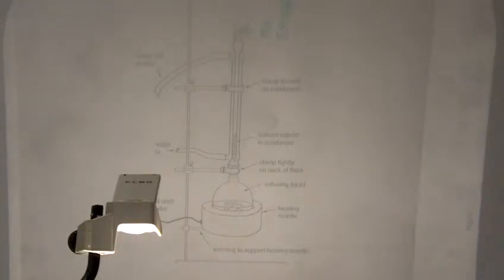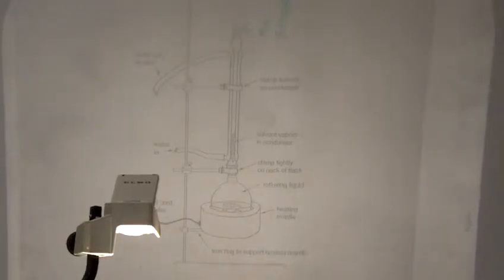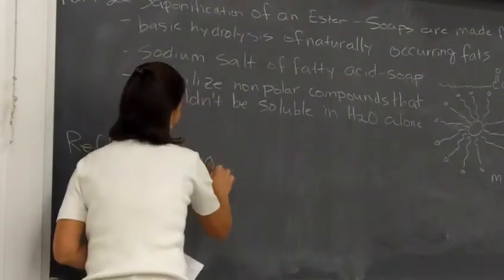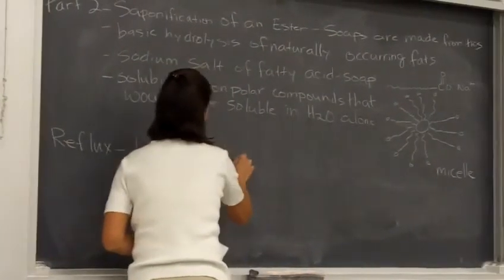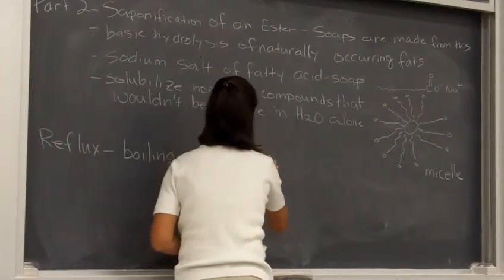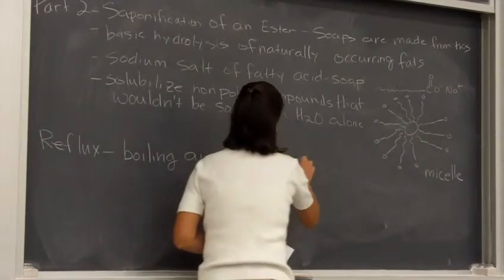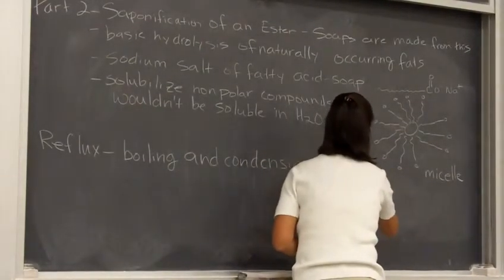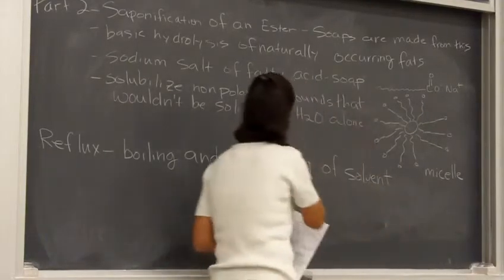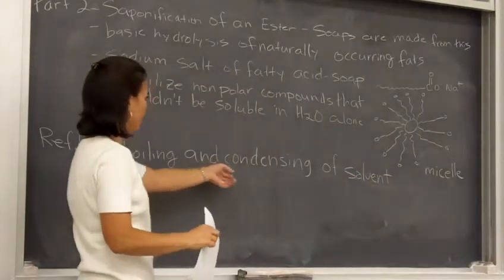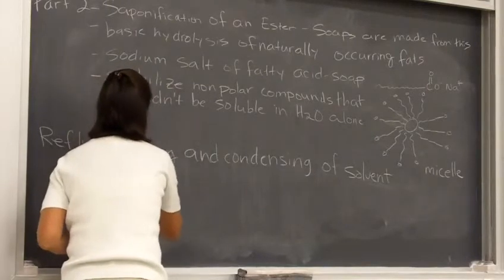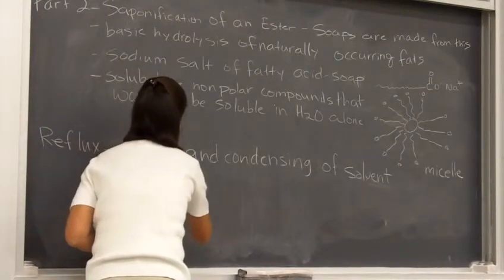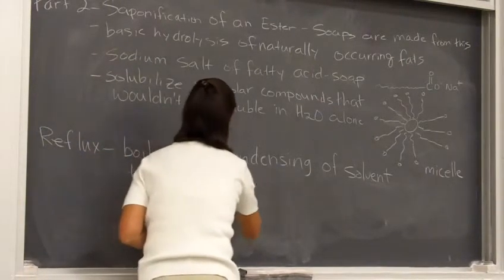For reflux, we're looking at the boiling and condensing of solvent, okay? And so I'll tell you why we do that. But you need both. You need boiling and condensing of solvent to keep the reaction at a constant temperature.